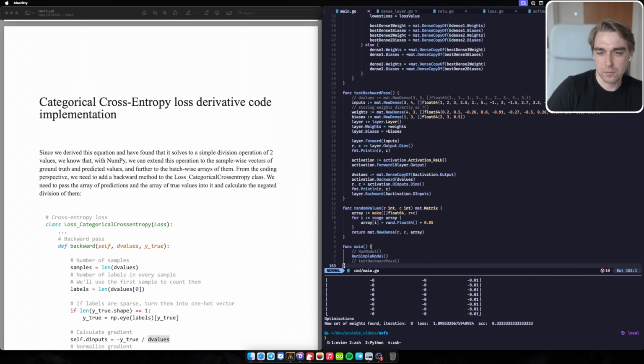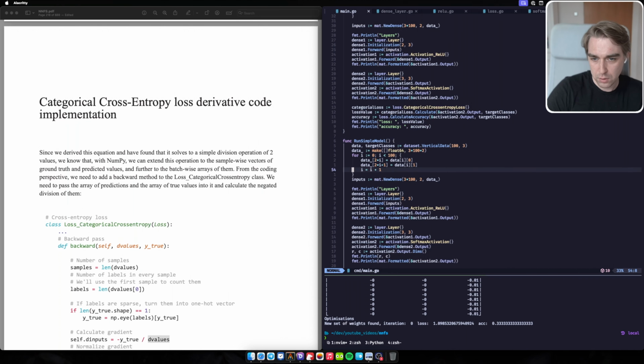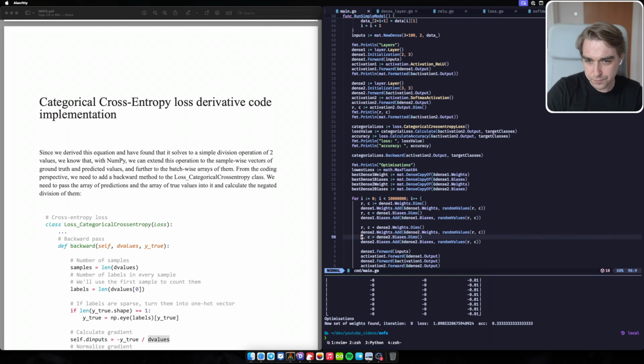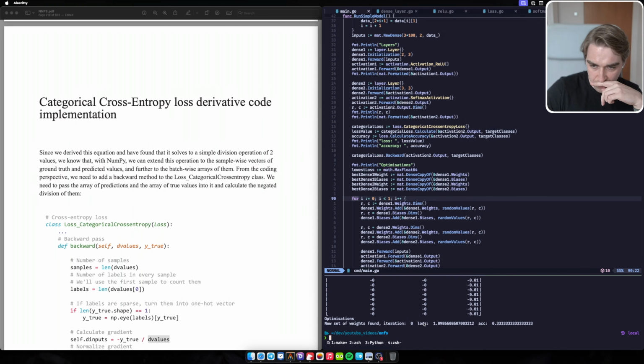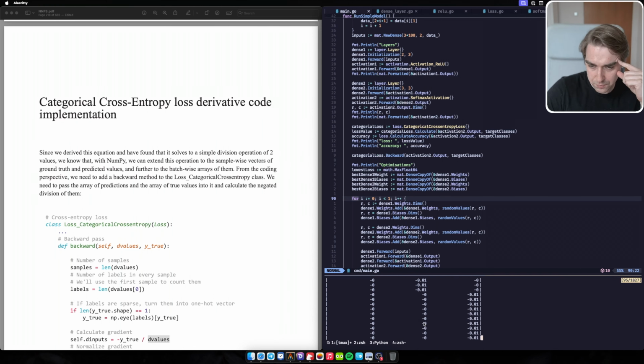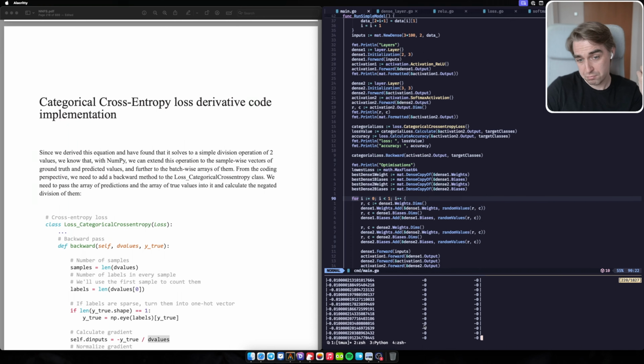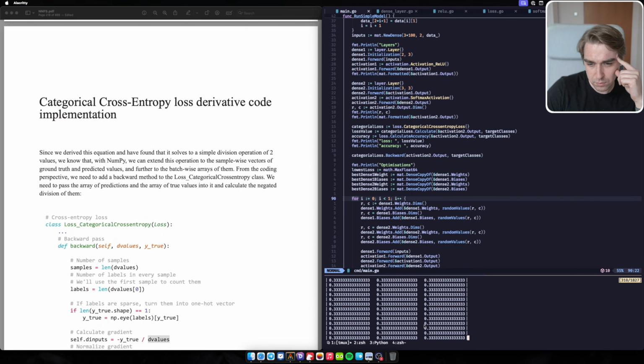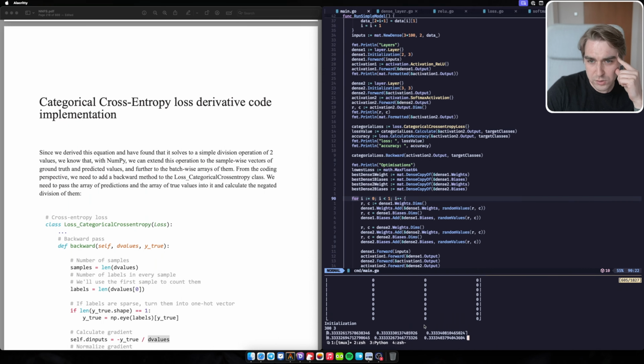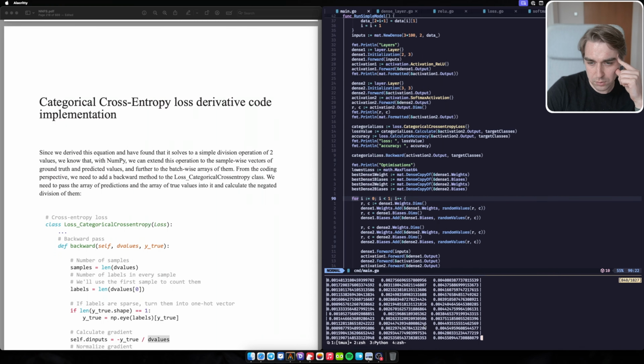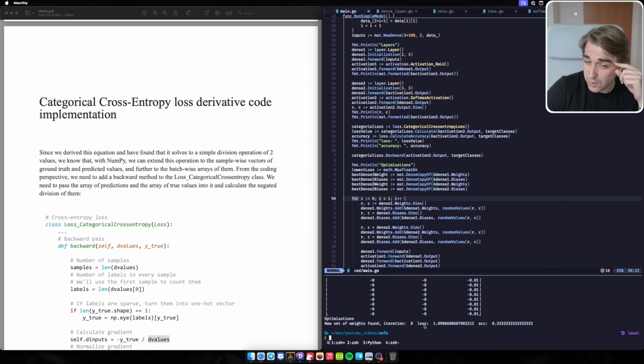That should be this one. I think I should have something like this, right? Then kind of, because well, the weights are still random, so there could be some differences, but it looks very much the same.